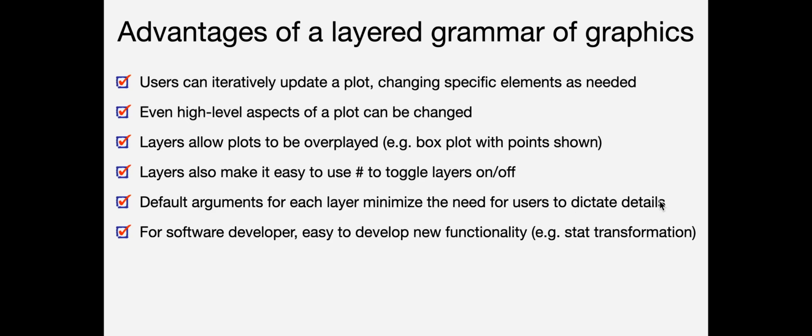So you could simply put in a layer and just have an open and close parenthesis. And then for the software developer, which is not as relevant for this class, it's easy to develop new functionality because you can think of it in terms of a layer. You could develop a new layer function, if you will, that lets you do something to a larger graphic. Okay.